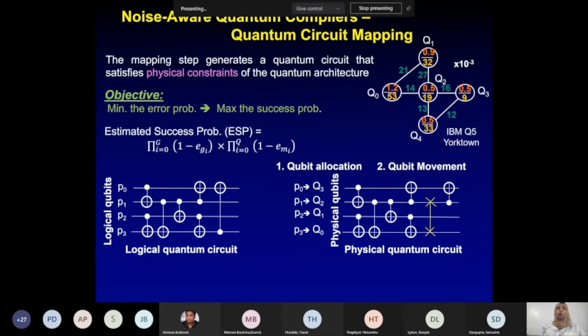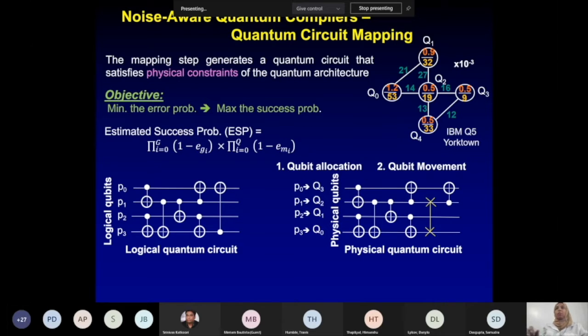The other approach is to rely on noise-aware quantum compilers to mitigate errors. And one of the main compilation approaches that significantly affects the fidelity of the quantum circuit is quantum circuit mapping, in which we take the logical quantum circuit and map it to satisfy the physical constraints of the hardware, with the objective of maximizing the success probability of the circuit.